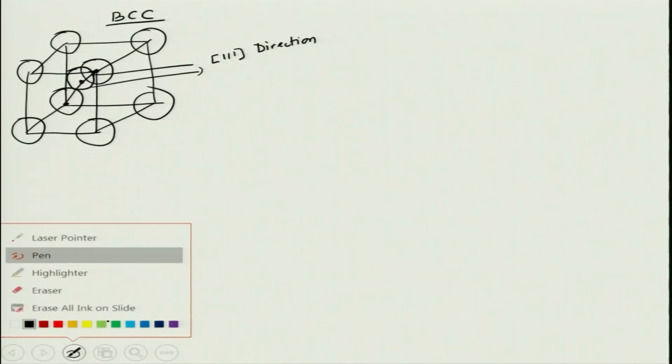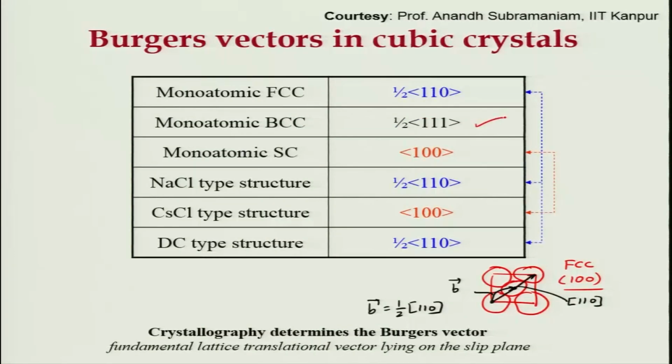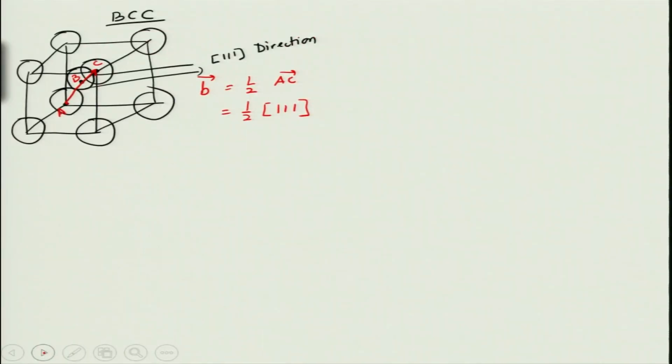Let me use a different color maybe. This is the close pack direction. From A, it goes to central atom B, then to the corner atom C. So, the Burgers vector will be half of AC, and this is half of 111. This is the Burgers vector in BCC. So, it goes from one atom to the next nearest neighbor, A to B, which is equivalent to AB.